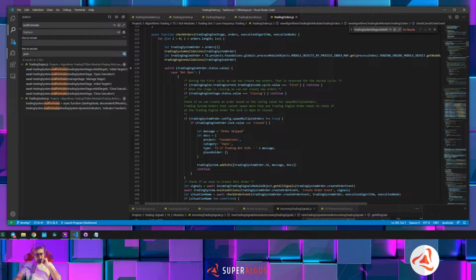So somewhere in here we need to find a place where we are going to actually need these formulas to be evaluated, and we are going to do it just before we need it.